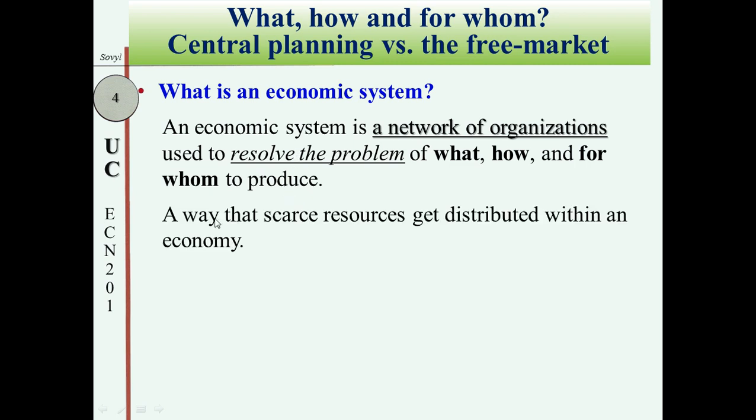Economic system is the way that scarce resources get distributed within an economy, within a country. Scarce resources get distributed or allocated within the country. Because of the economic system, let's say raw material or natural resource can be distributed to this company, this province, or this city, this organization.